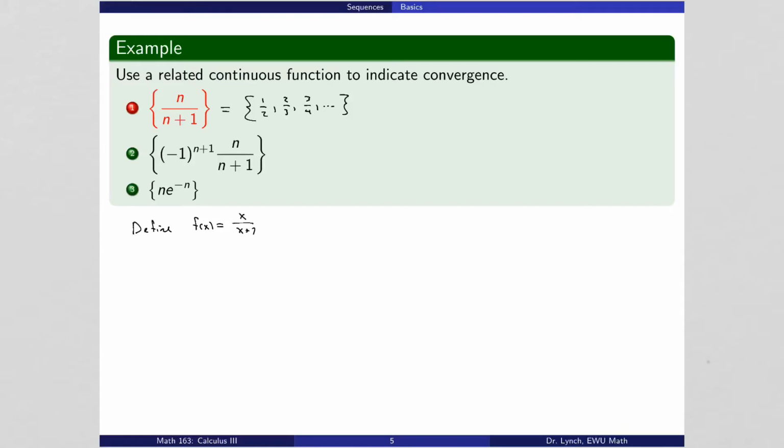And you can use your favorite method to show that this limit as x goes to infinity of x over x plus 1 is 1. So this is how we know that a sub n, which is n over n plus 1, converges and the limit is 1.